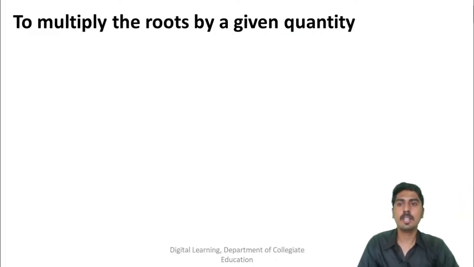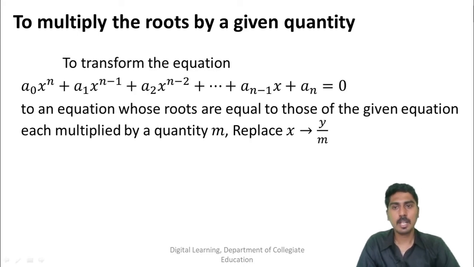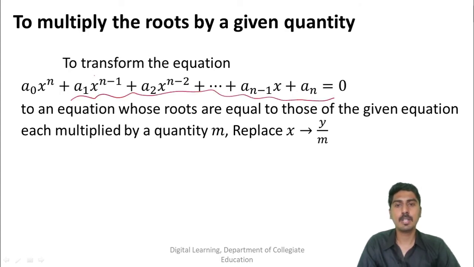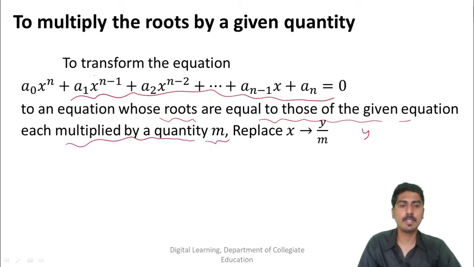Now we shall see how to multiply the roots of the given equation by a given quantity. To transform this polynomial equation to an equation whose roots are equal to those of the given equation, each multiplied by a quantity m, we replace y by mx, or x by y by m.